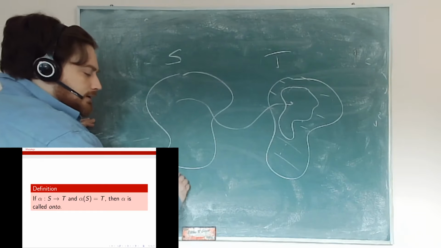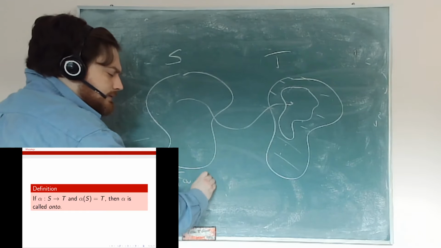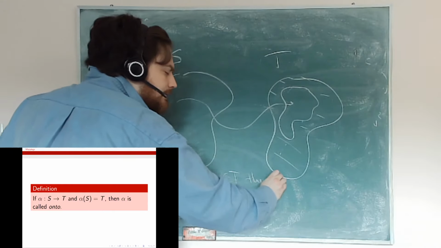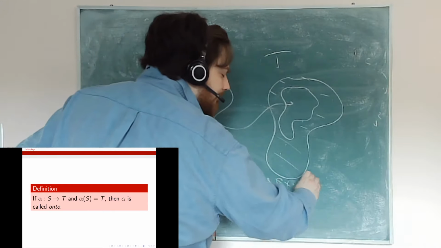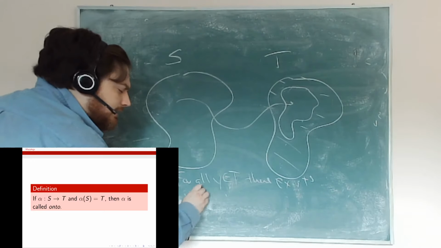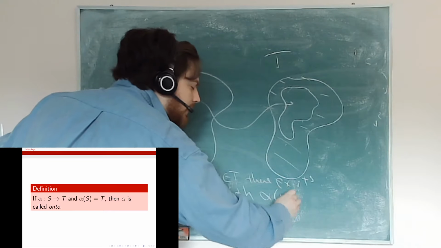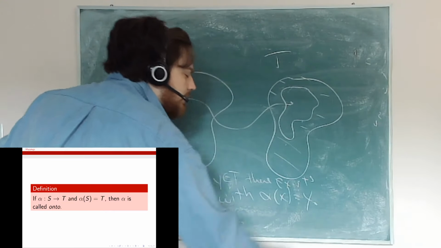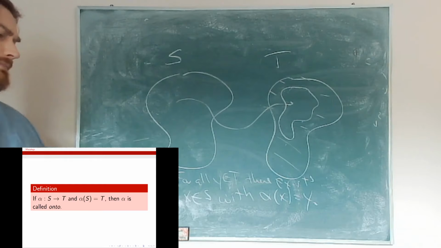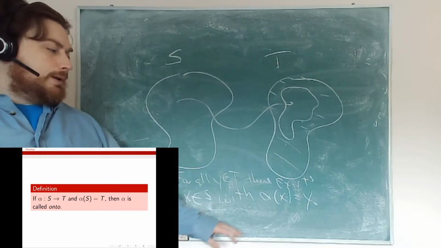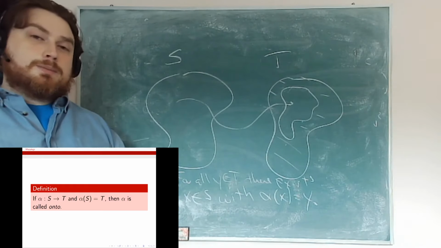So it would say, for all y in the codomain, there exists an x in the domain with alpha of x equal to y. So this would be another way to say onto: for everything in the codomain, we can find something in the domain that gets mapped to it.